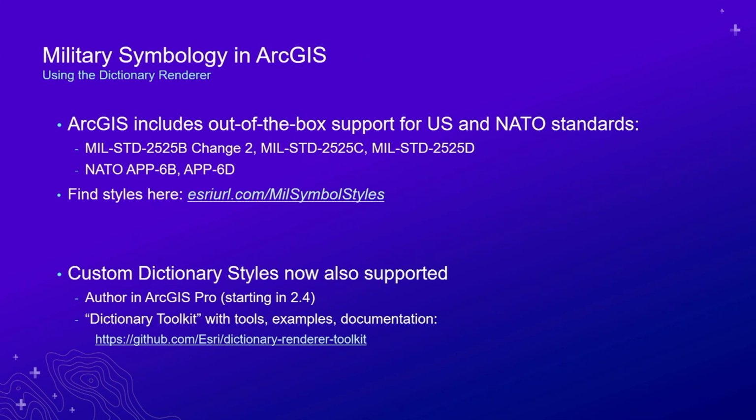And it's a GitHub repo at the URL that you see here. So if you're interested in doing this, or if you're even just interested in understanding a little bit more of the specifics of how these dictionary styles work, I highly recommend you go to this URL and take a look. There's some really nice information there for you. So with that, I'm going to hand back over to Lucas, and he can show you about how you can use the dictionary style and the dictionary renderer in ArcGIS Runtime.